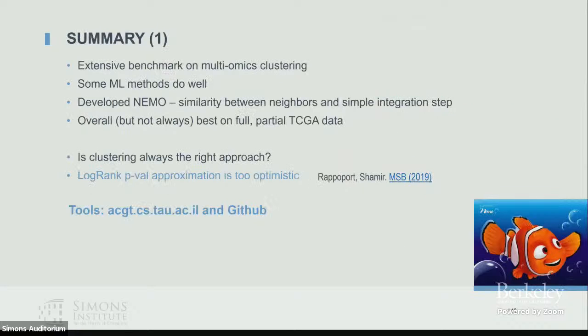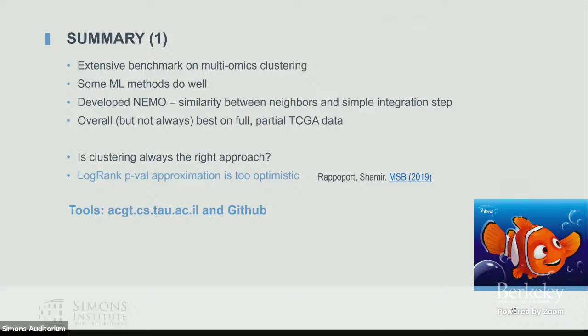So to summarize this part, we performed the benchmark of multi-omic clustering. Some multi-view methods for machine learning did well. And we developed our own method that uses kernel similarity of neighbors and simple integration. It was best overall, but not always.